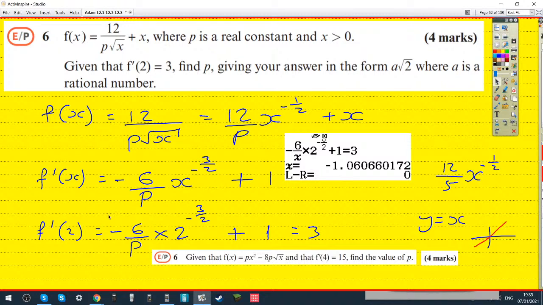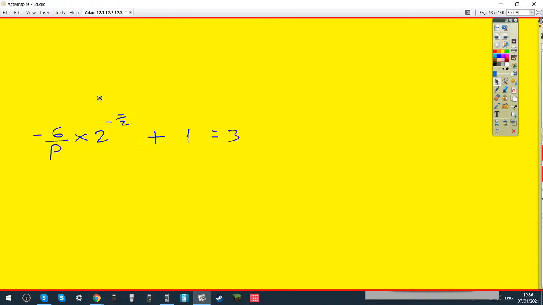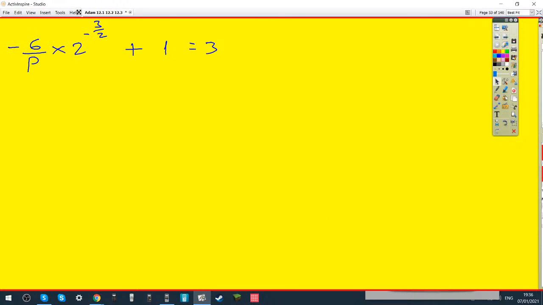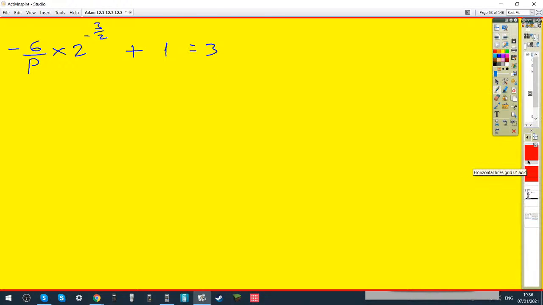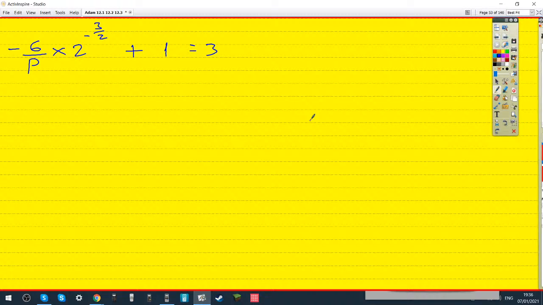Any idea how you go about solving this one? Could you multiply 2 and... I know you couldn't, because you don't know what p is.